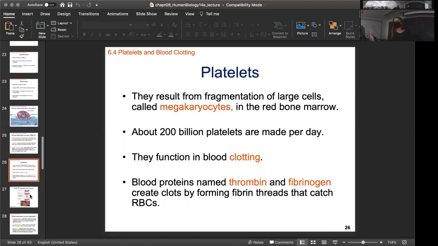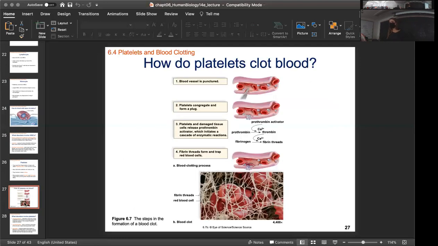I'll show a picture on the next slide that'll be fairly descriptive of that. Blood proteins, such as thrombin and fibrinogen, create clots by forming fibrin threads that catch the red blood cells. So essentially these platelets make like a basketball net, and they're like, stop, red blood cells, don't come out of the skin. What that looks like is kind of like this.